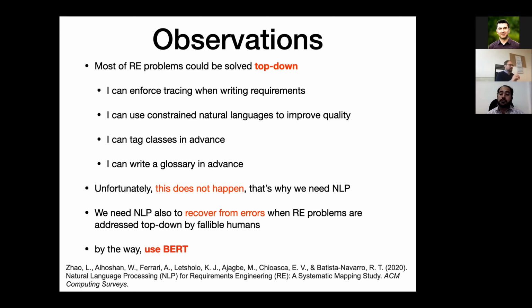I'm highlighting this aspect because we did a systematic mapping study that is linked here in the ACM Computing Surveys in 2020. It was published in 2020, but our collection ended in 2019, okay? And one of the observations of the mapping study was that requirements engineering studies were not using enough advanced NLP techniques, okay?